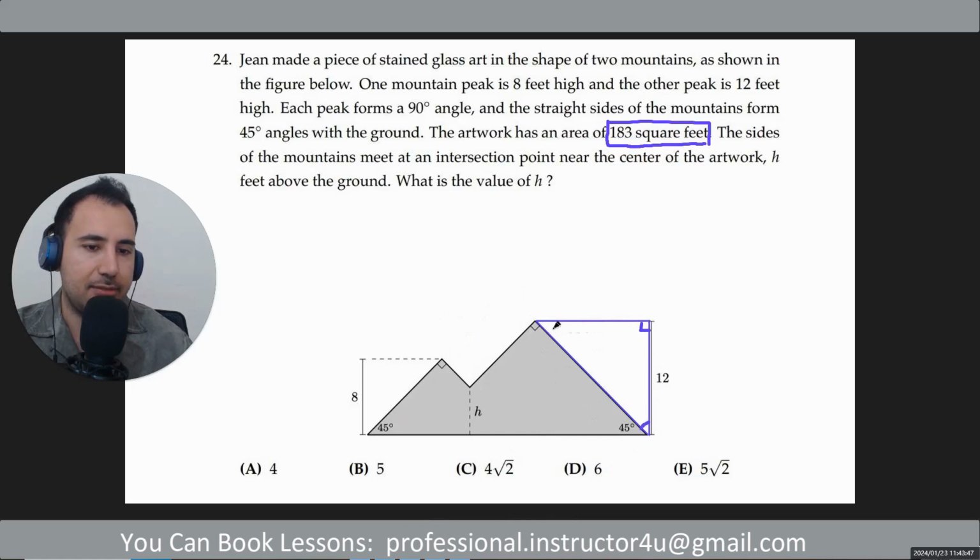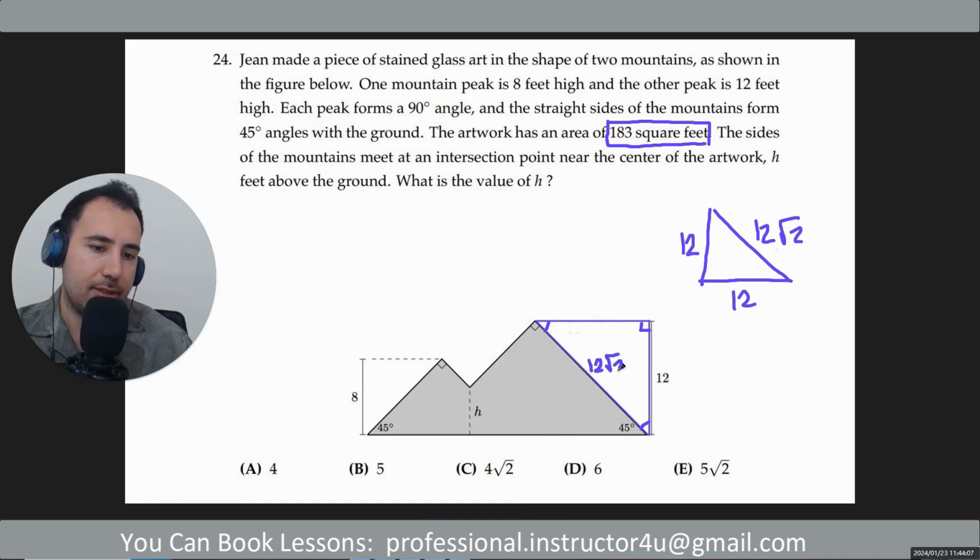This will be 45. This will be 45. So the same rules apply. What did I tell you? If this is, for example, 12, this is 12. This is 12 square root of 2. So for the same reason, this one is 12 square root of 2.